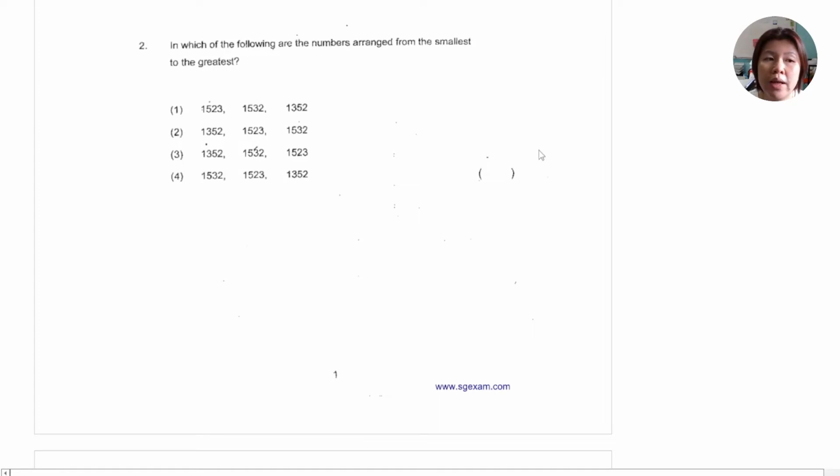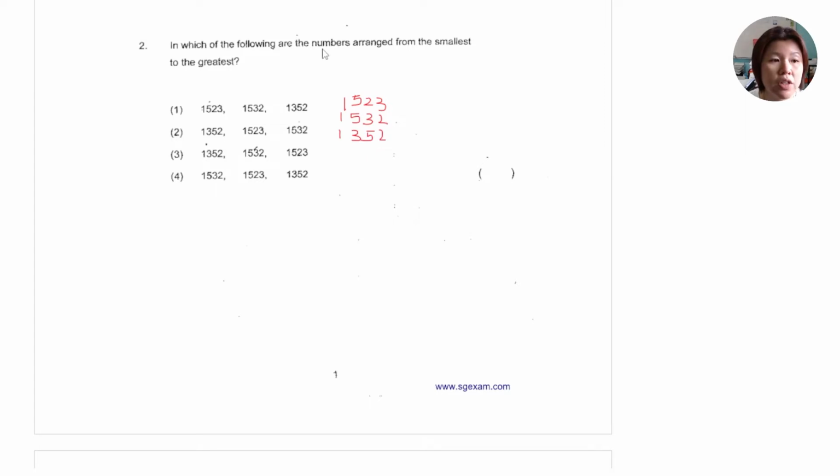In which of the following are the numbers arranged from the smallest to the greatest? Okay, so from smallest to the greatest, let's see number 1. 1523, let me rewrite it again, and 1532 and 1352.